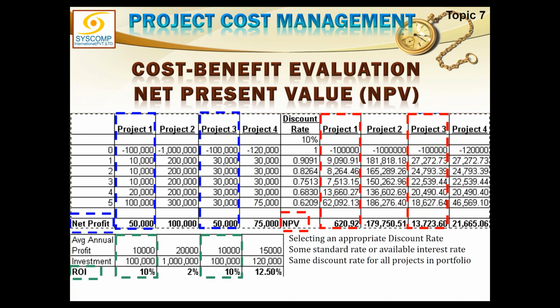This is called internal rate of return. I do not use the bank percentage as discount rate. I will try to guess a percentage where my value of NPV becomes exactly 0, and that percentage is called internal rate of return. And if I am comparing more than one option, whichever gives me the highest internal rate of return is the best project.